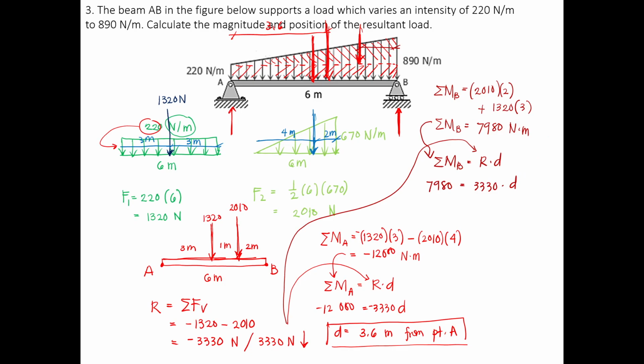So 7,980 divided by 3330, that's 2.4. So the distance is 2.4 meters from point B. If you add up 2.4 plus 3.6, that will be the entire span of the given bar, which is 6 meters.